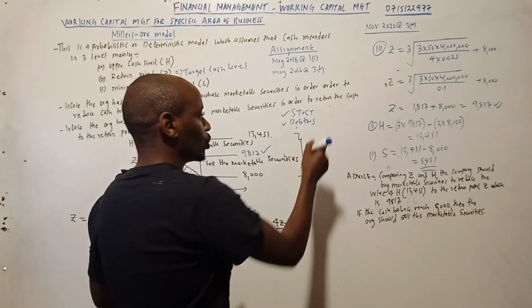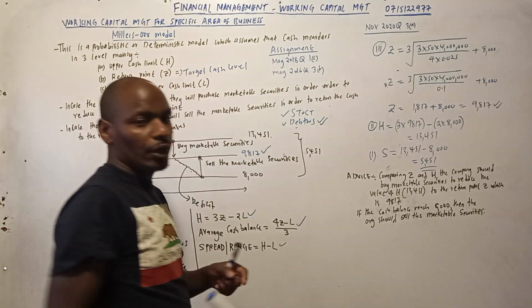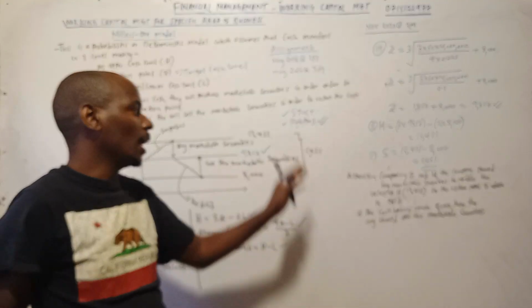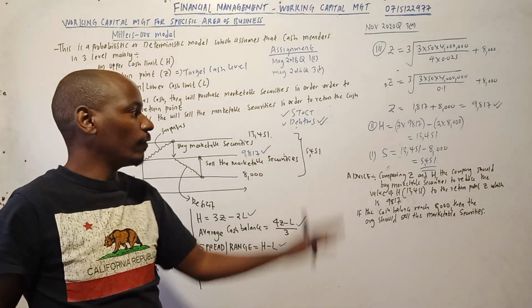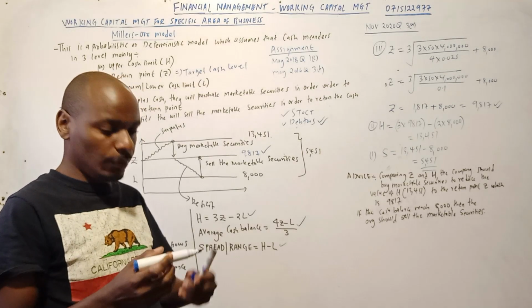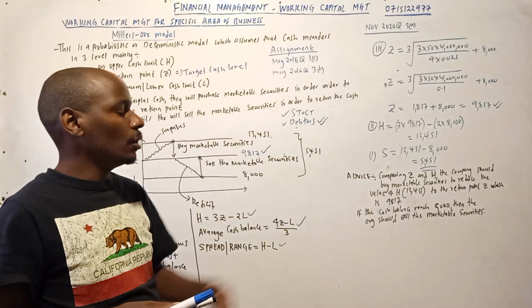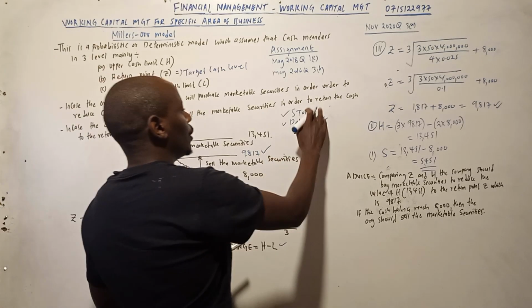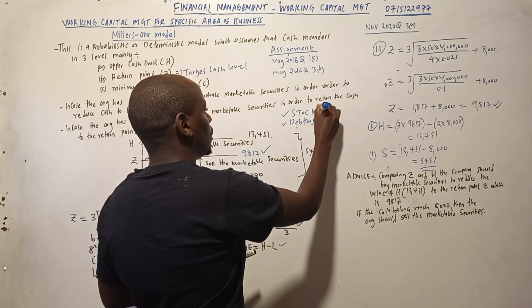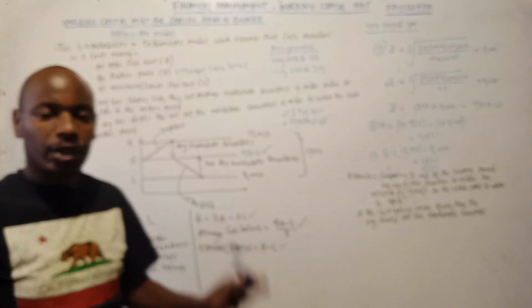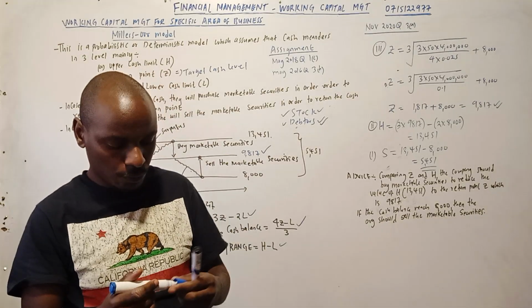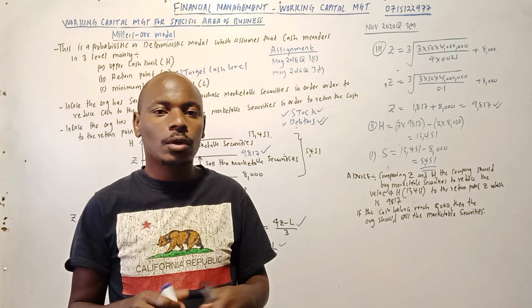Next class I will concentrate on debtors, and then we finish with stock. We will do debtors for maybe 30 minutes, then another 30 minutes for stock, and that will mark the end of working capital management.